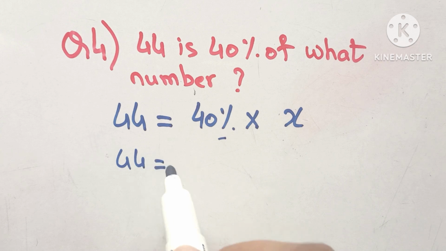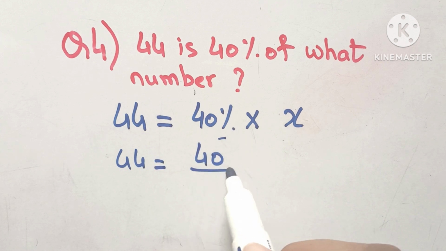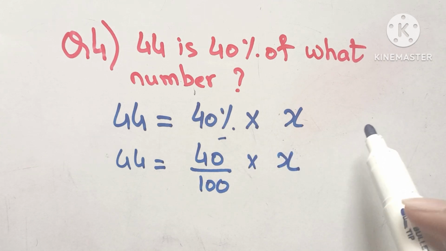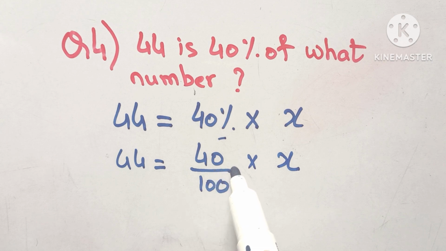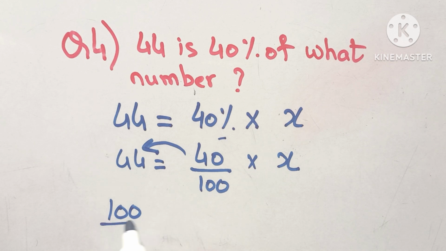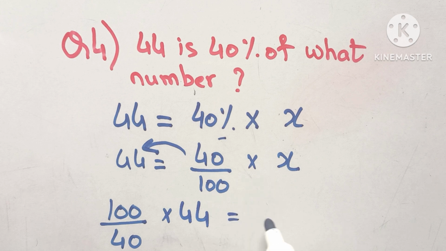44 is equal to 40, remove this percentage sign, multiply by x. So remember that on the right hand side we have 40 upon 100. When we take this whole 40 upon 100 to the other side, we have to write it as a reciprocal. Means 100 will move to numerator, and 40 in denominator, multiply by 44 is equal to x.